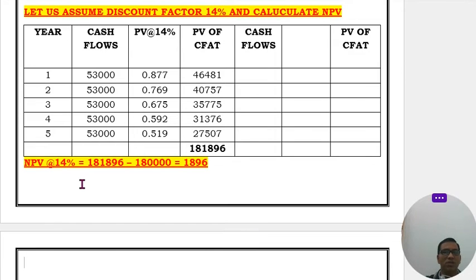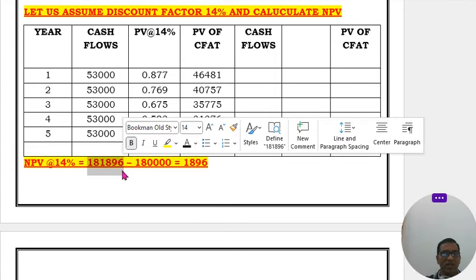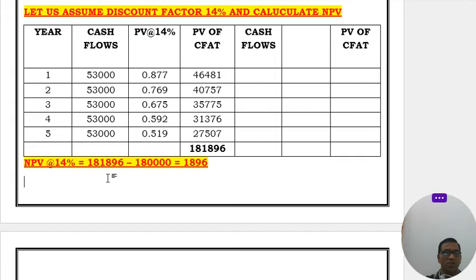We already calculated the NPV at the rate of 14%. We need one more discount factor. How will you try? See here. IRR is the rate at which the total PV of CFAT is equal to the cash outflow. Then 181,896 should also become 180,000.